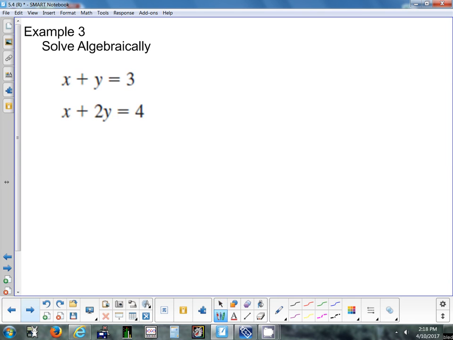But if we ask you to solve it algebraically, if I want to solve it algebraically, I could use one of two methods. What's one of the methods you could use? Shannon? Elimination is one. Or substitution, right? What are we looking for in the original setup to solve with elimination?